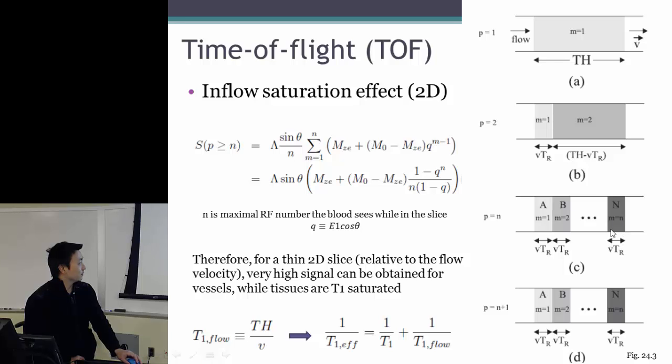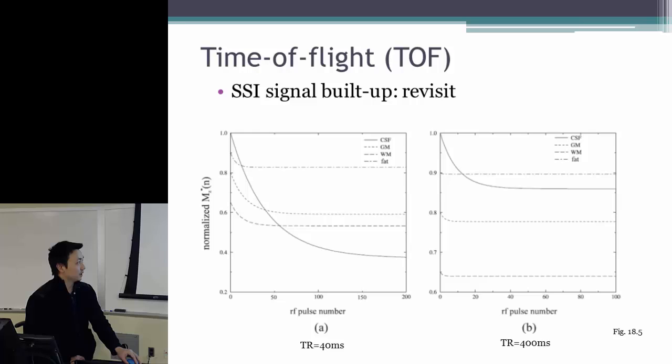So different sections of this blood will have different signal intensities, as we are seeing here, right? This would be the newly inflowed blood, and as the blood flows into the slice, it will have a decreased signal.